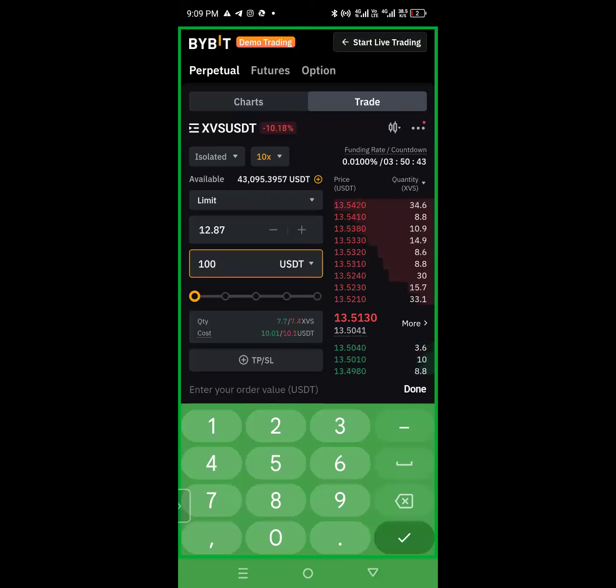But now with another pair, SVS USDT, the cost is a portion of our 100 USDT, divided by 10. This order value divided by 10 relates to our 10x leverage that we're using. The cost is a portion of the 100 divided in 10 places. Now, don't let that confuse you.